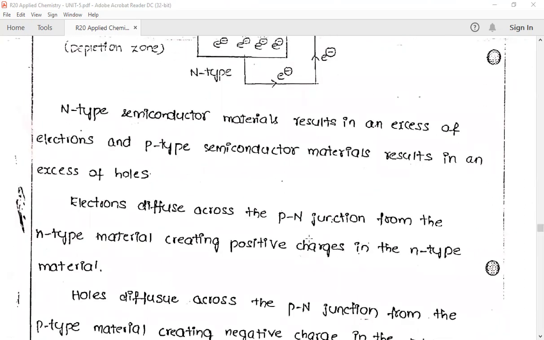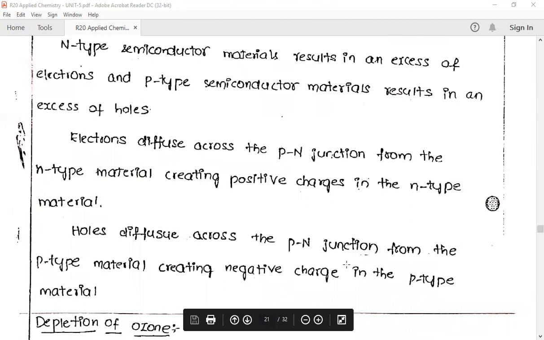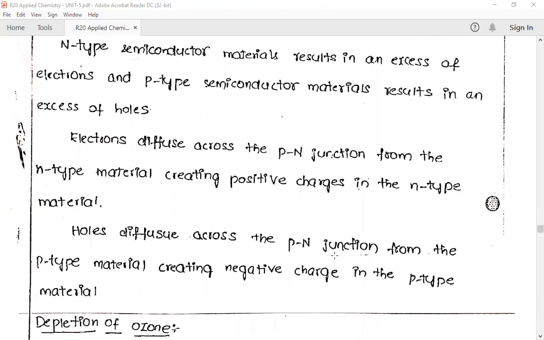Electrons diffuse across the p-n junction from the n-type material, creating a positive charge in the n-type material. Holes diffuse across the p-n junction from the p-type material, creating a negative charge in the p-type material.